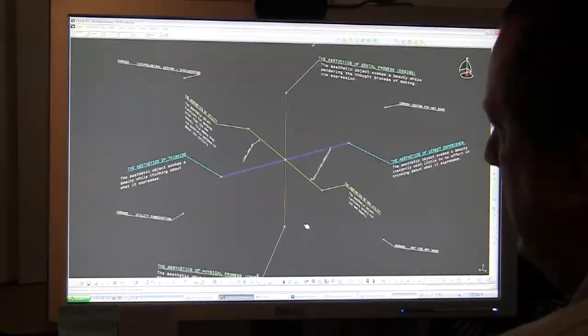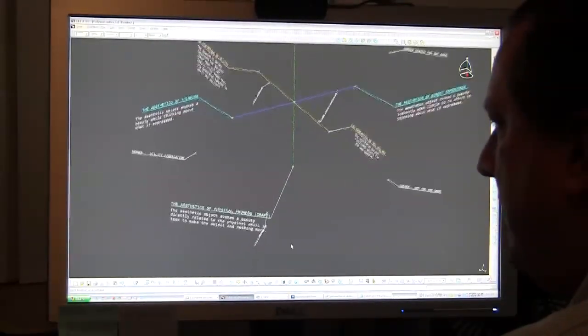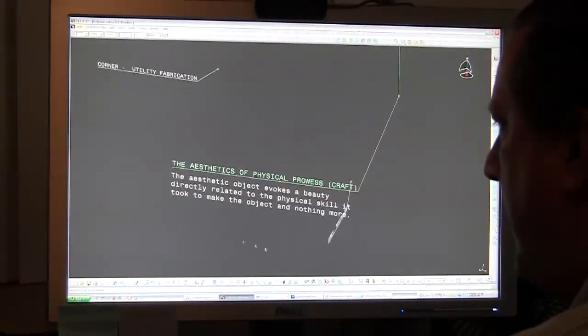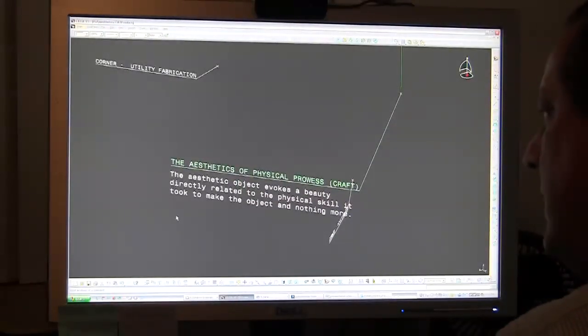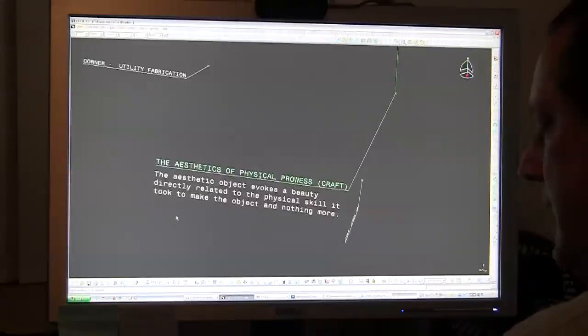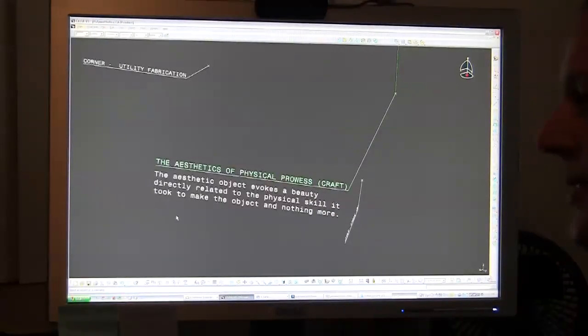And at the other end, we have the aesthetics of physical prowess, craft. The aesthetic object evokes a beauty directly related to the physical skill it took to make the object and nothing more. So that gets back to a Franz Liszt piece, where it takes tremendous physical skill to perform it.